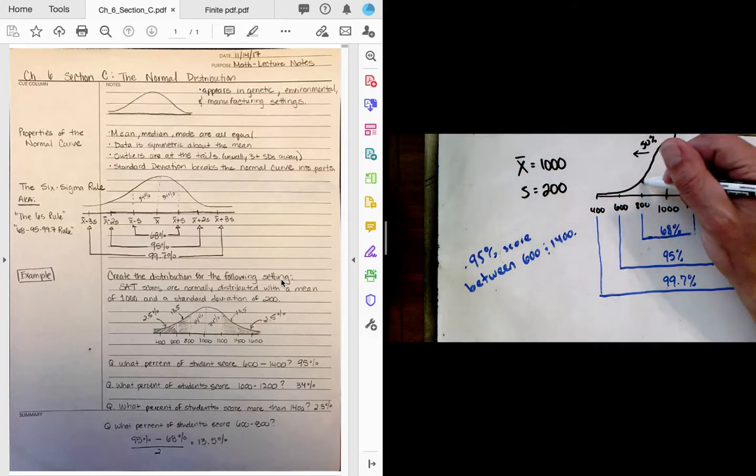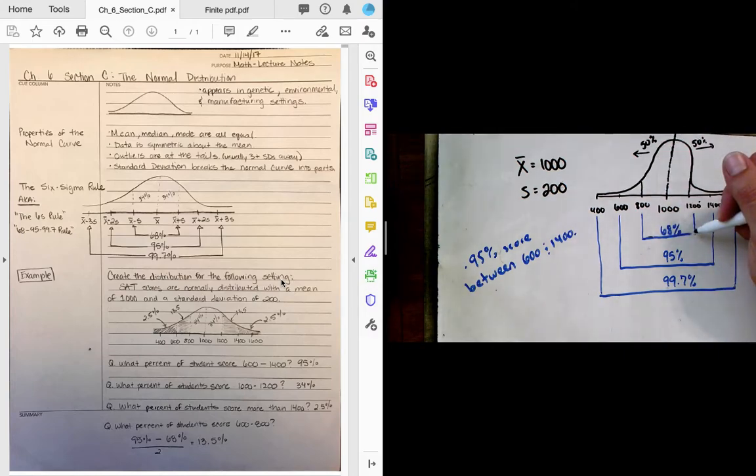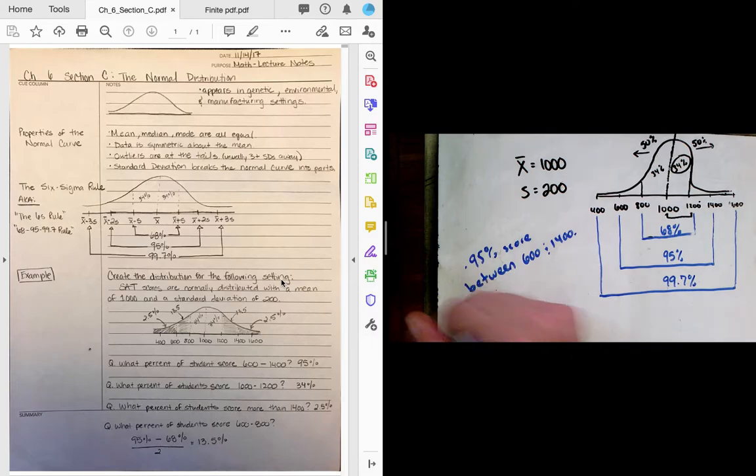So in between 800 and 1200 is 68%, and if I cut that value in half, what it tells me is 34% is going to be between 1000 and 1200, and another 34% would be in between 800 and 1000. So we can always use that middle point kind of as a way to cut values in half. Again, this question was asking us in between 1,000 and 1,200, and so the value that we're looking for is 34%. So we can make the statement 34% of students score between 1,000 and 1,200.